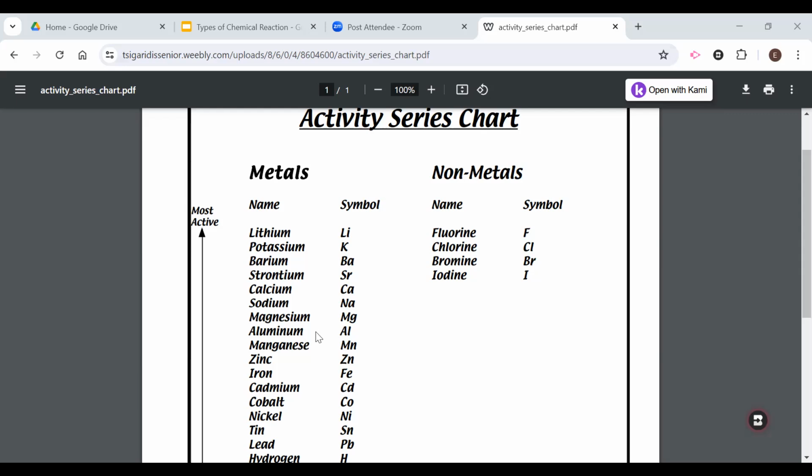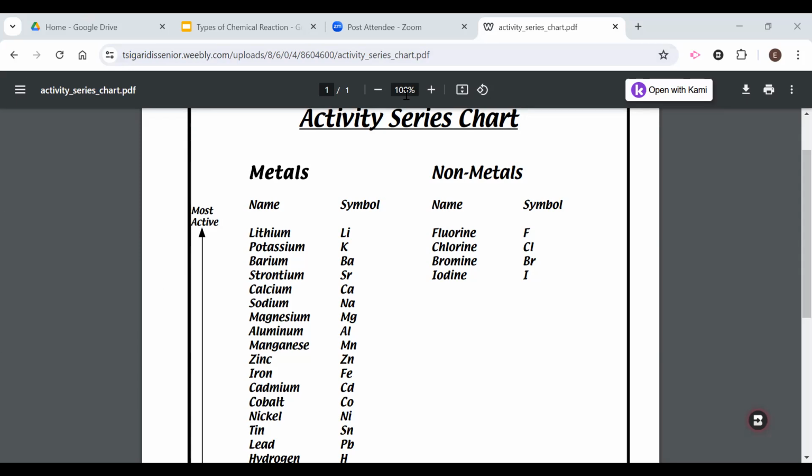Okay, so let's say this is the element by itself, and the one with another non-metal is this. Zinc will kick this calcium out and take its place. But if this one is by itself, it cannot kick the zinc out. Let me use an equation, okay?